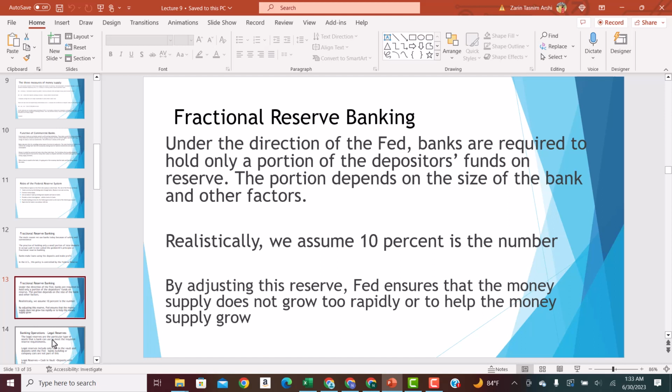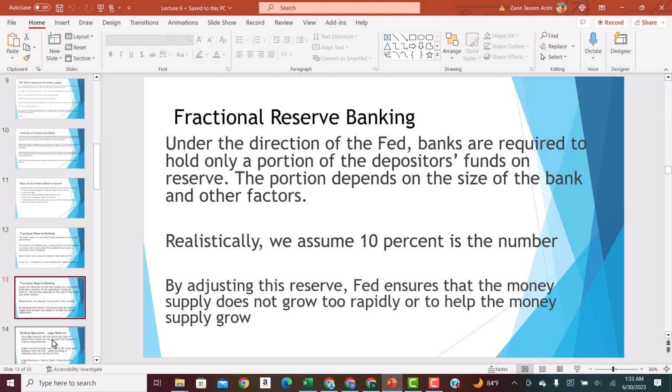This reserve is known as the required reserve of the bank. So let's say I am putting $100 into my deposit account with Bank of America. The Fed will require Bank of America to keep a certain portion of that $100 as reserve, and then the rest of the money can be loaned out.